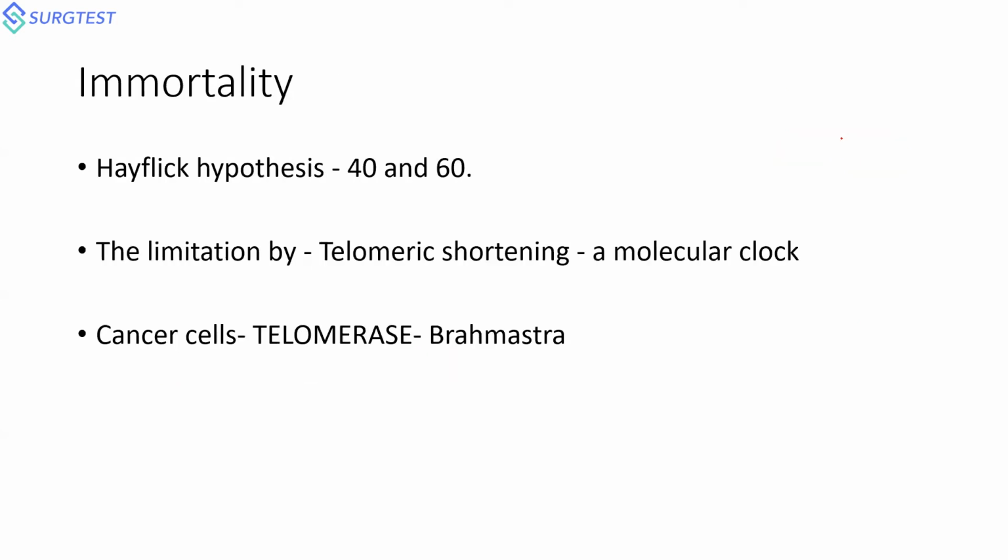Immortality is a third important hallmark. This was understood based on your Hayflick hypothesis. This favorite question was asked in the 2020 NEET SS entrance examination. The Hayflick hypothesis means that whenever they subjected a mammalian tissue to cell culture, they found there is a finite number of cell multiplications, meaning one cell will divide into two, and these two will divide into another two.